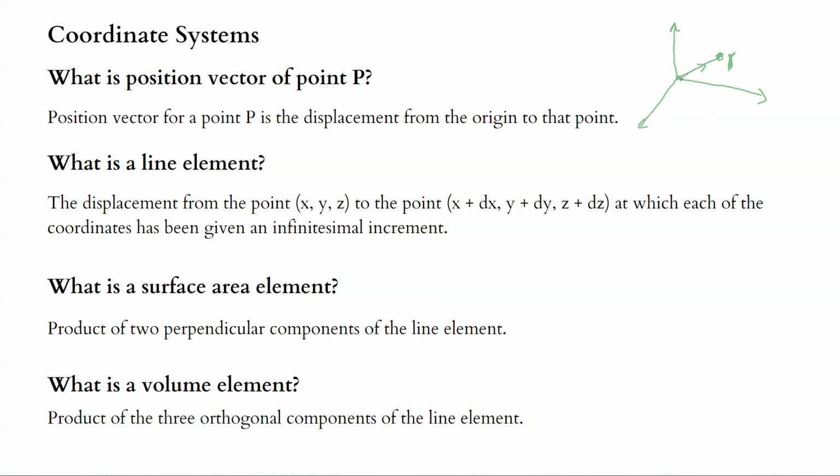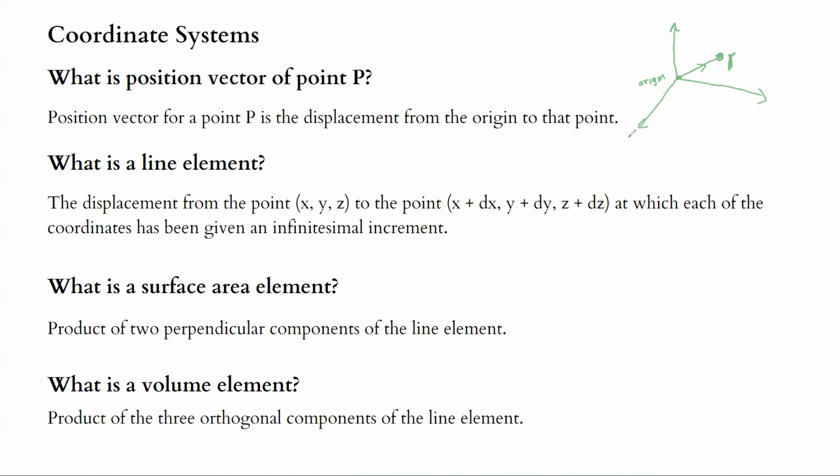With respect to a certain origin, we can define the position vector of a certain point. Using that vector, we can find the position of that location. The position vector consists of all the three axes that we are considering at a certain point.